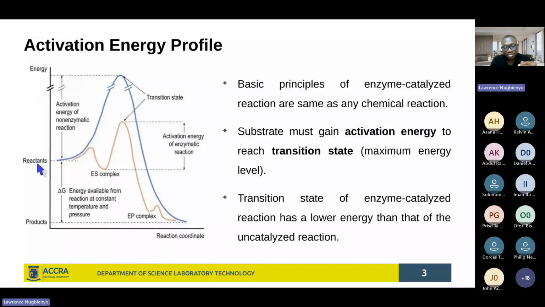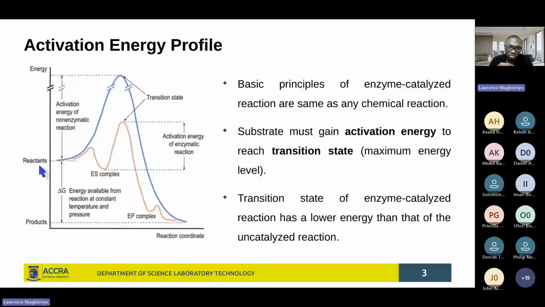They are at a stable energy level already. There will be no point for them to react to form something else, a product, because they are already stable at that state.